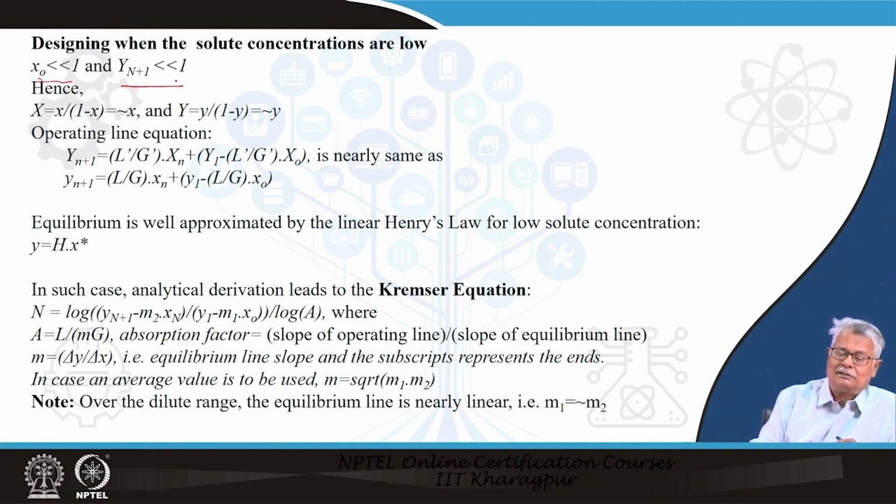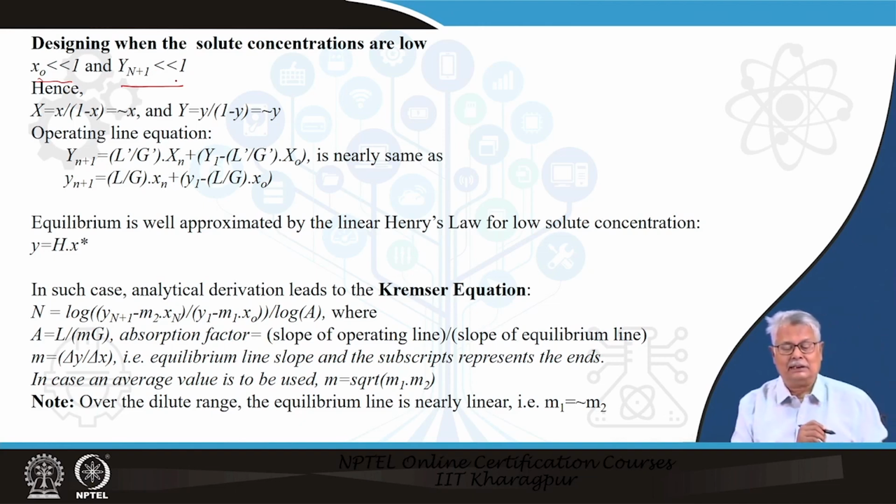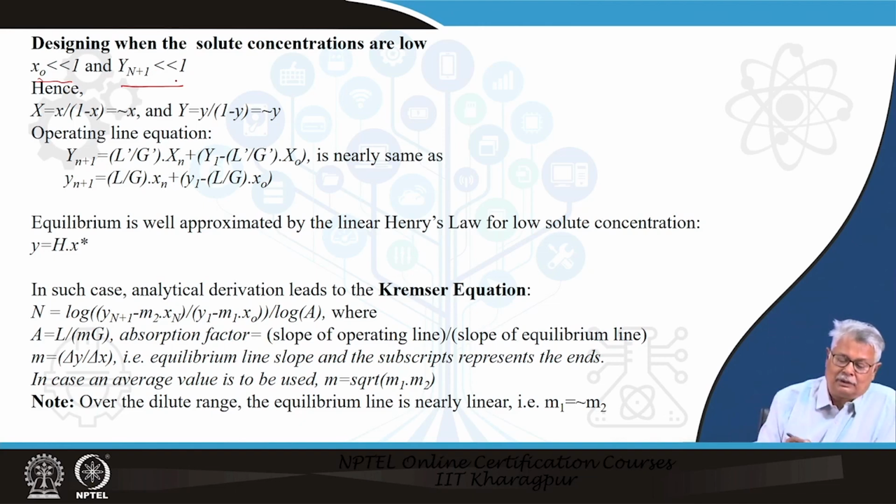That means both the inlet concentration of solute in the liquid and the vapor phase are small. In that case, capital X and small x and capital Y and small y are almost the same. So the operating line equation is approximately this. So here we have a simplified expression for the operating line equation.